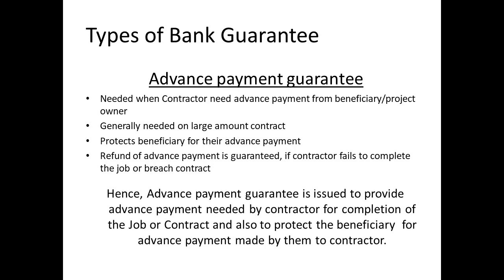It protects the beneficiary or project owner for the advance payment made by them, as refund of that advance payment is guaranteed by the bank if the contractor fails to complete the job in the specific time mentioned in the contract, or the contractor breaches the contract. Hence, an advance payment guarantee is issued to provide the advance payment needed by the contractor for completion of a job or contract, and also to protect the beneficiary for the advance payment made by them to the contractor.